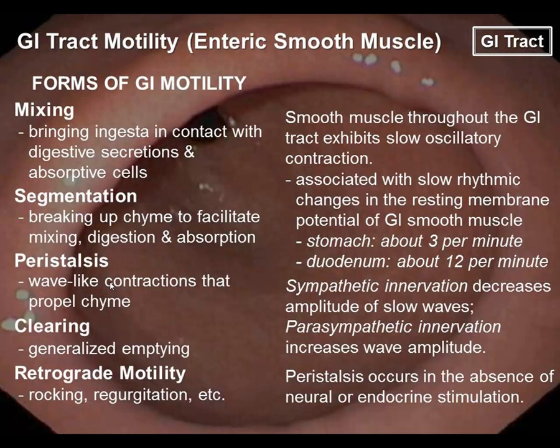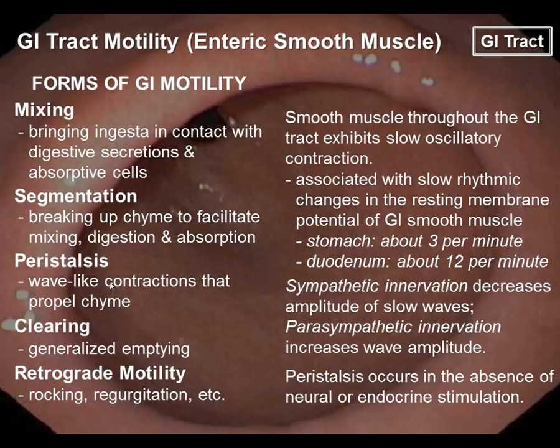Peristalsis movement, this is how a snake swallows a rat. It's wave-like contractions that propel the chyme from one end to another, and it pushes the food in one direction, and that's what we call peristalsis.